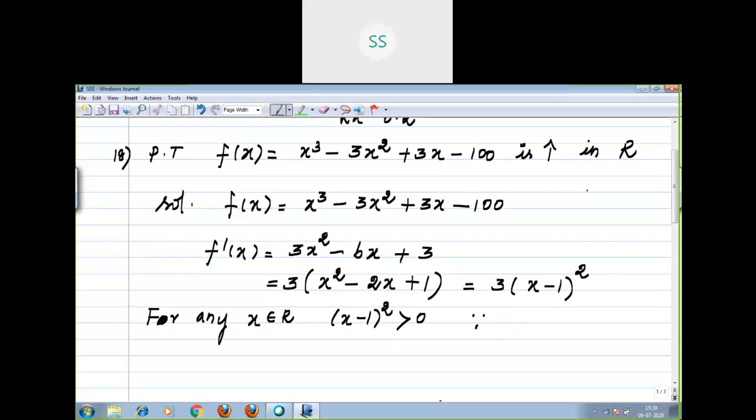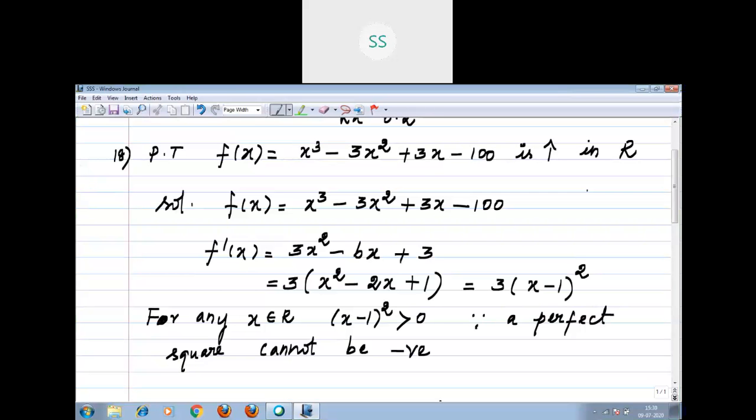A perfect square cannot be negative. Whatever value you put, minus 2, minus 3, whatever it is, it will give you only a positive value. But here in the question, it is given as increasing. You have to be very careful. Based on the question, your result should be written accordingly.